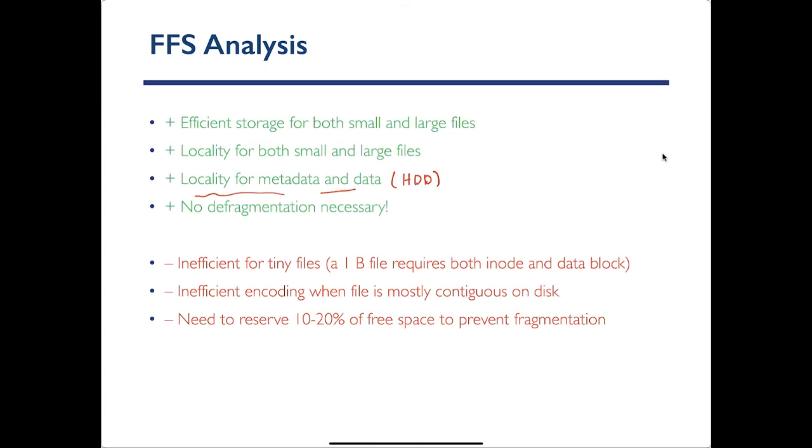The other thing about this is that if your file is mostly contiguous in your disk, again, your representation of your file is inefficient, right? Because you're using all these pointers to point to all these blocks that you're storing, whereas you could potentially just store 2 entries, like what is the first block, what is the last block, and that would be enough.